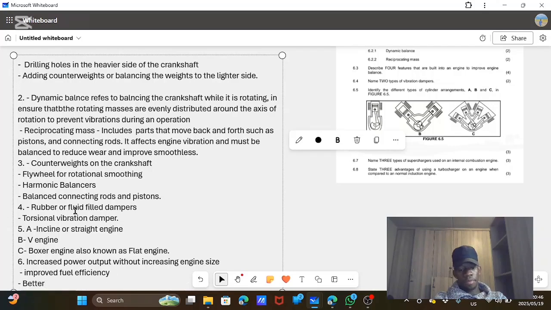Better performance at higher altitudes. This is the types of superchargers used in internal combustion.